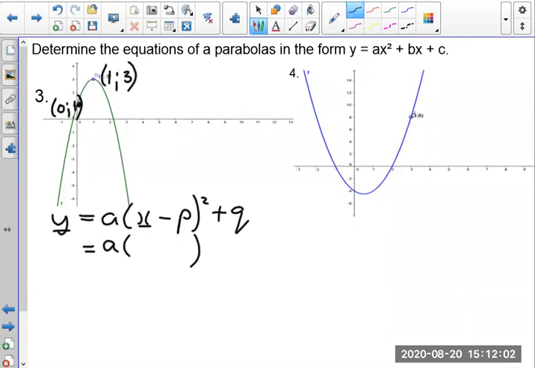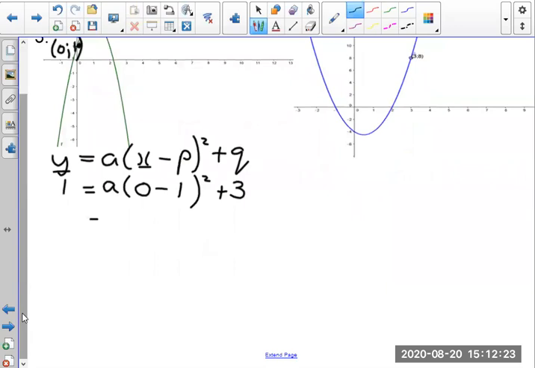It was not given explicitly. It was just given that it's the y-intercept. So you substitute the x with 0, the y with 1, minus the turning point p is 1 squared, and the q value, the y value of the turning point, is 3. So that gives you minus 1 squared is positive 1 times a is 1a.